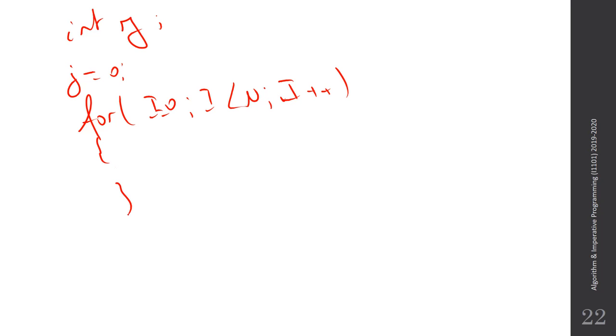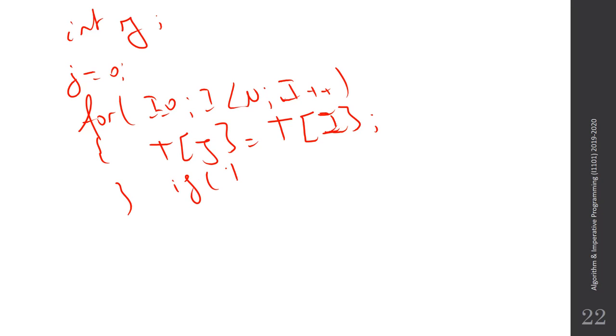In all cases I will place t of i in t of j. However, if t of j is different than 0, I would increment j. If t of j is equal to 0, I will not increment j and I will keep it as it is. So this is the idea. I will use two counters, i and j. i is the normal counter that loops over all the array, and j is incremented whenever t of j is different than 0.